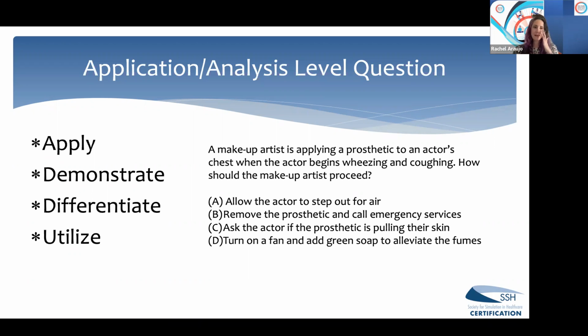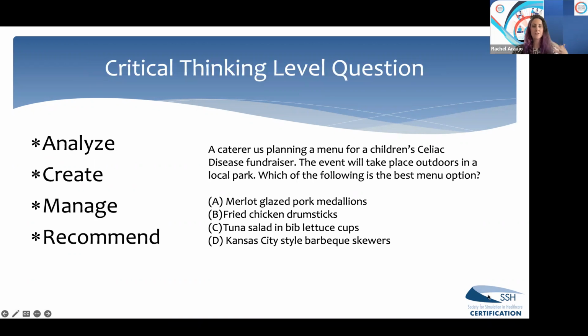The next highest level that we use in the examination item writing is our critical level thinking, or analysis, synthesis, evaluation level. So if you see anything on the content outline that uses the verb analyze, create, manage, recommend, those are big ones. Those are our critical level thinking questions.